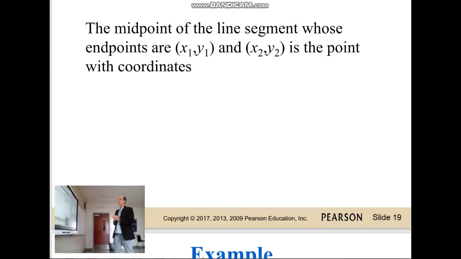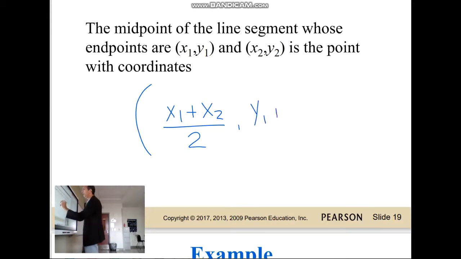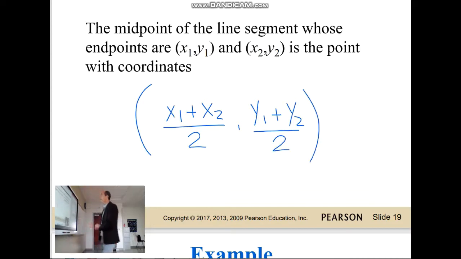The midpoint of the line segment whose endpoints are x1, y1 and x2, y2 is the point with coordinates x equals x1 plus x2 over 2, and the y coordinate is y1 plus y2 over 2. This is the way to calculate the coordinates of the midpoint.